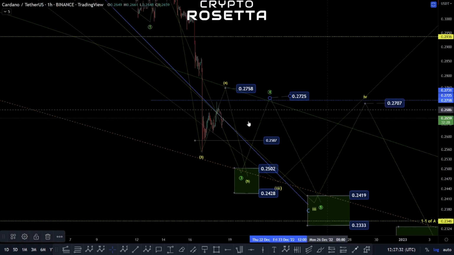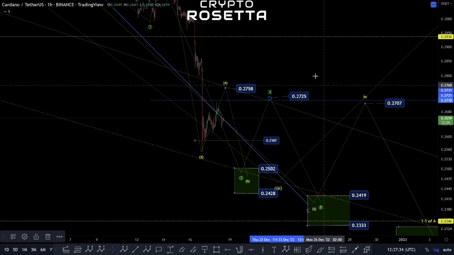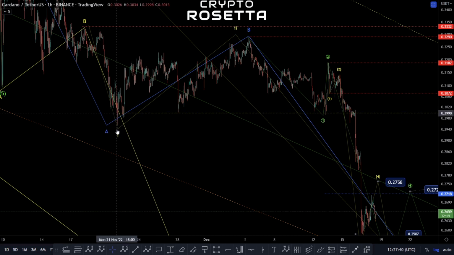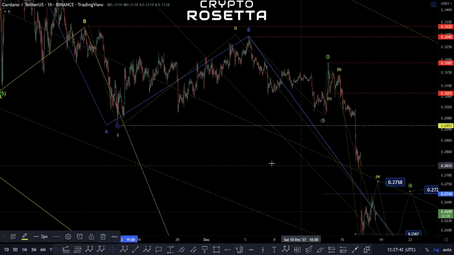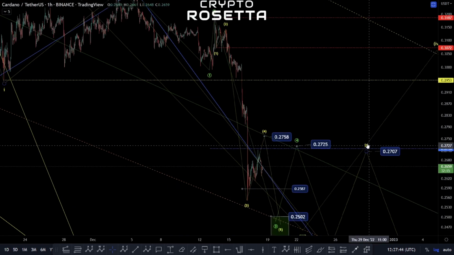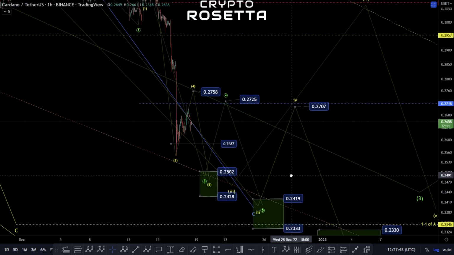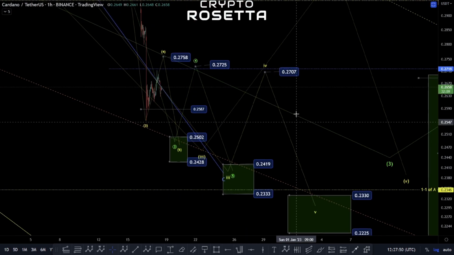And finally, invalidation of this yellow count would come by moving back above, if I just get this line and move it onto this low, 2953. Moving back above 2953 would effectively invalidate that wave 1, this yellow wave 5 here.